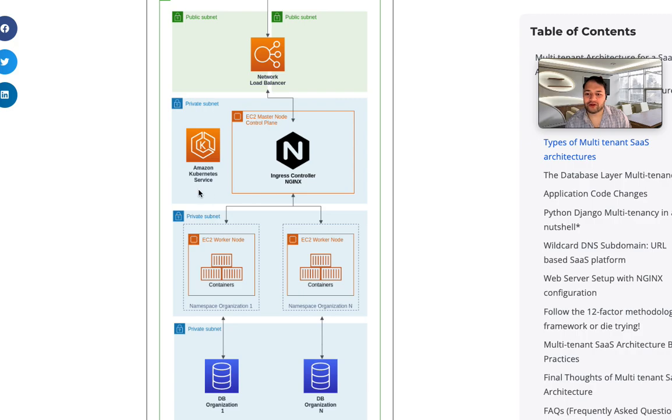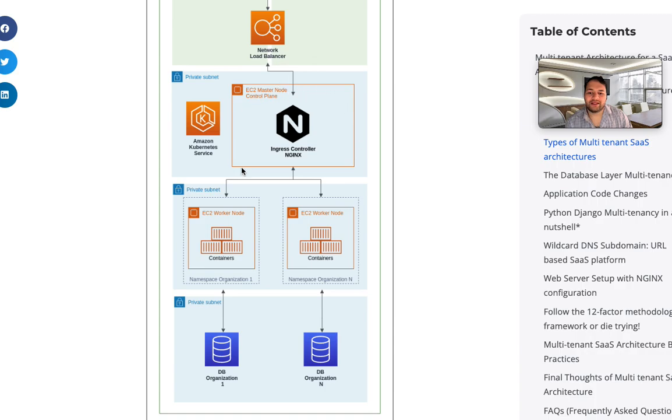And alongside you have your Kubernetes service. And this Nginx controller is now actually connecting to your EC2 worker nodes, which have containers and are namespaced for the individual organizations. And then they're connecting to the database with the details and data for that particular organization.